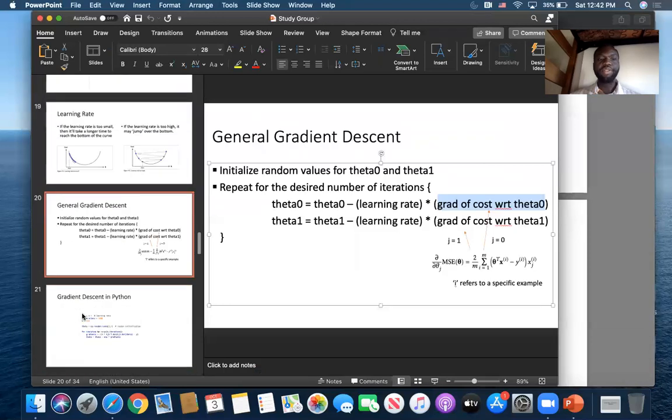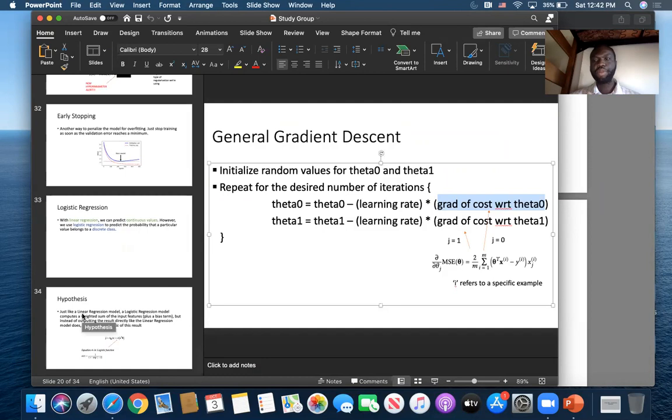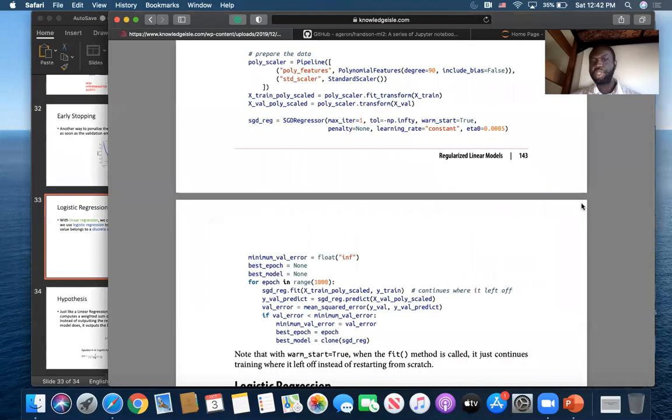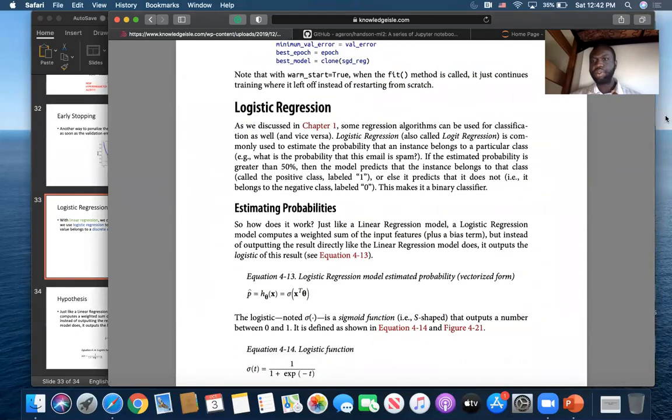Then we also talked about the forms of gradient descent. And then lastly, the two other problems that it can have, overfitting and underfitting. With these, does it make sense so far? Yes. Yep. Nice. So that's for gradient descent. The next one is logistic regression.